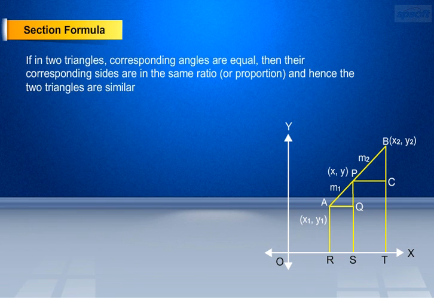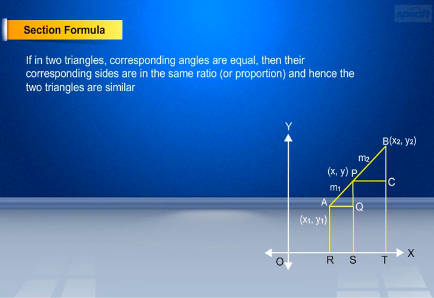Also from the figure we can see that BC equals BT minus CT equals BT minus PS, since PCTS is a rectangle, so we have CT equals PS, and BC equals y2 minus y. Finally we got the values of AQ, PQ, PC and BC as AQ equals x minus x1, PC equals x2 minus x, PQ equals y minus y1, BC equals y2 minus y.